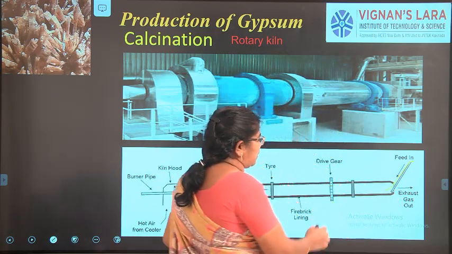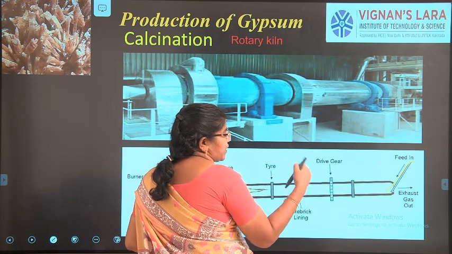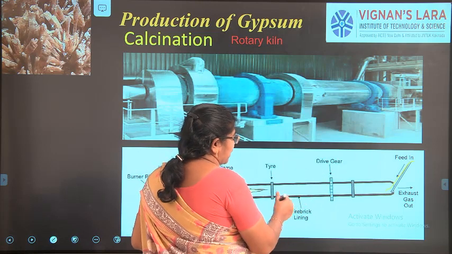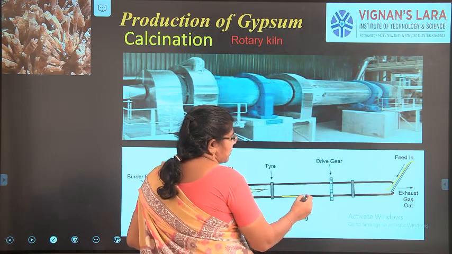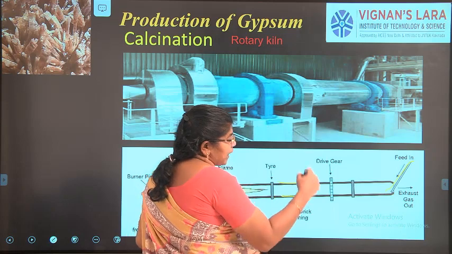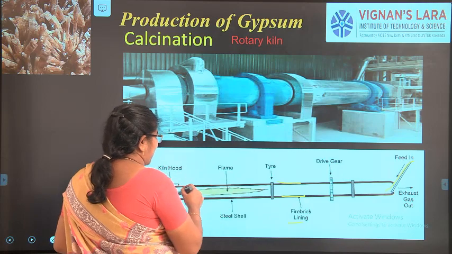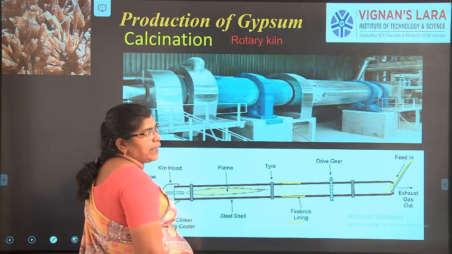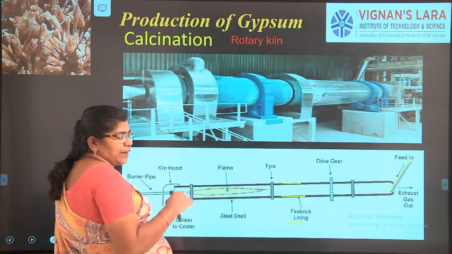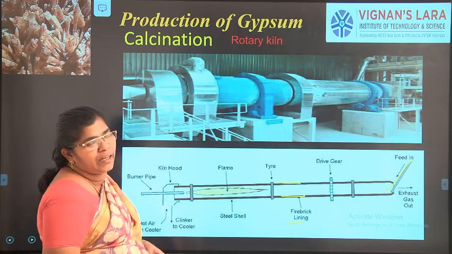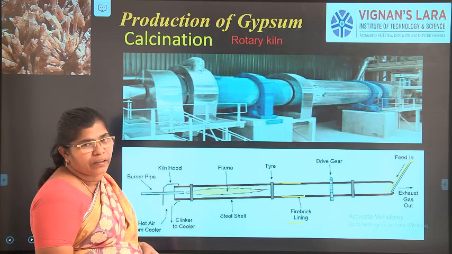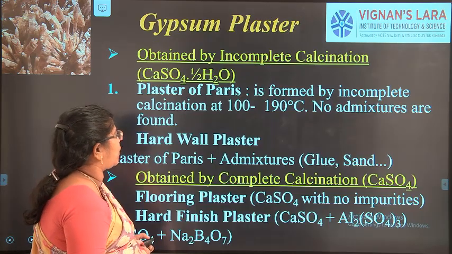We have a drive which allows the particles to move fast. To prevent the heat from going outside, we have the fire brick lining. Due to the action of this heat, the calcination reaction takes place, and the end product will be CaSO4 2H2O.